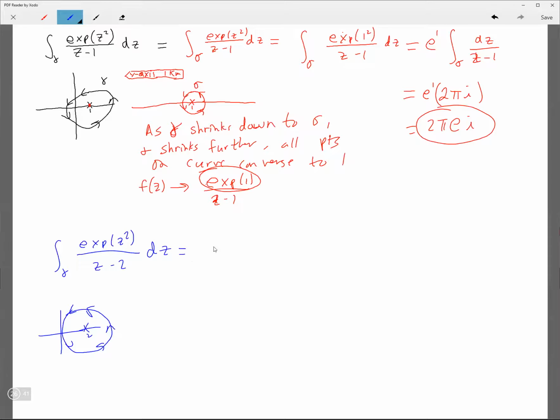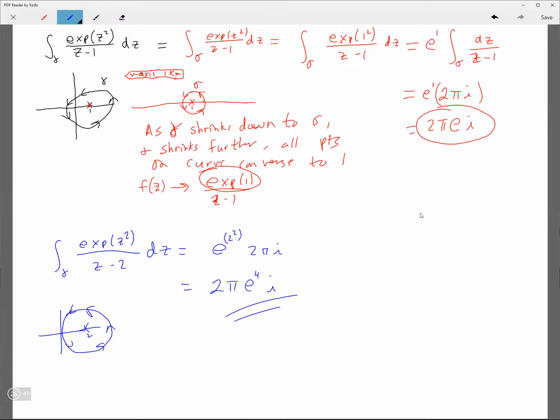Yeah, then what's going to happen is that's going to be e to the 2 squared times 2 pi i. So that'll be 2 pi e to the 4th i. That would be the answer there if that happened, if you're around 2, and it's a z minus 2 in the denominator.